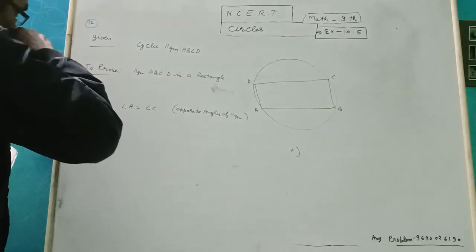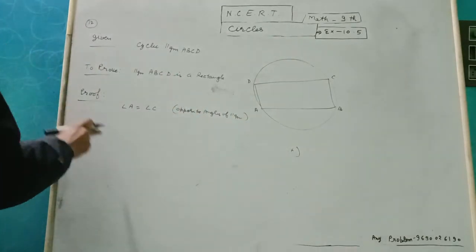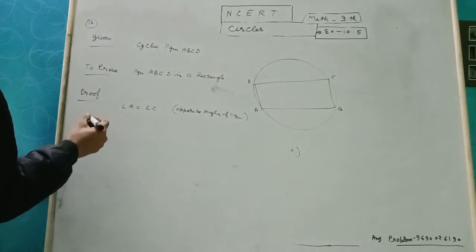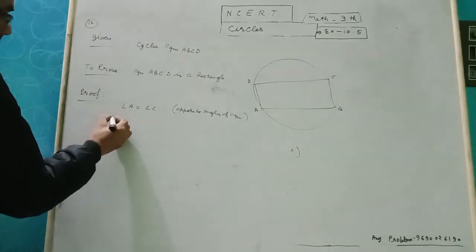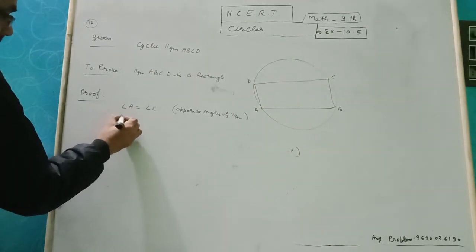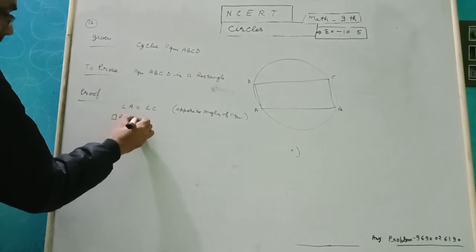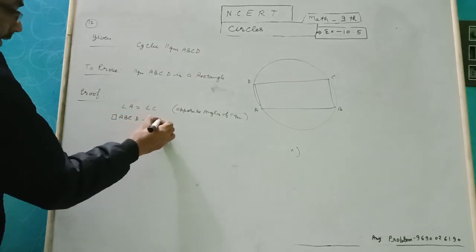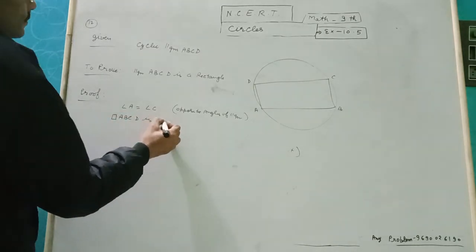Opposite angles of a parallelogram are equal, but ABCD is also cyclic.